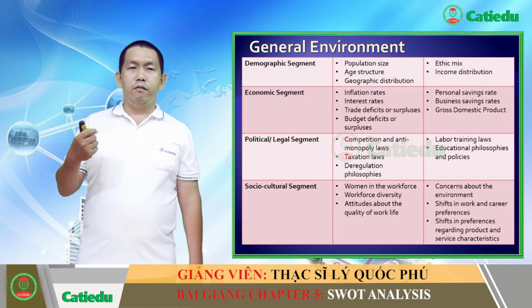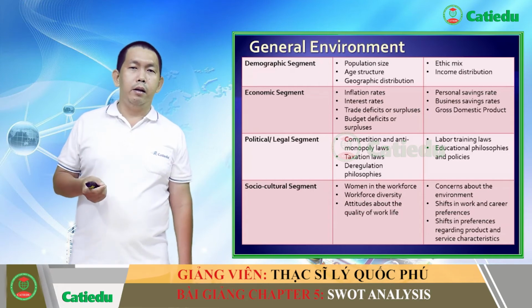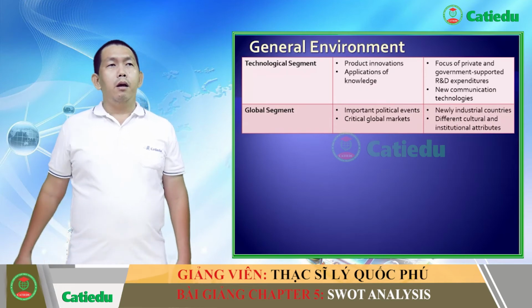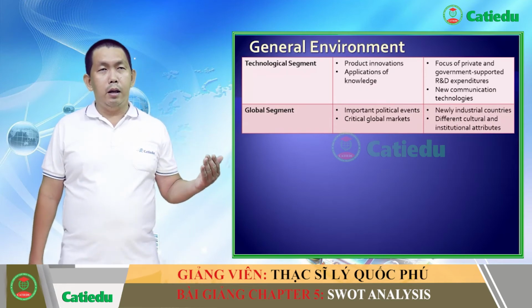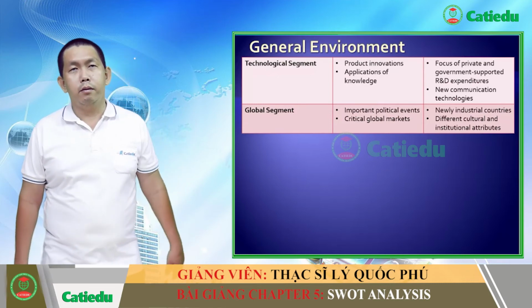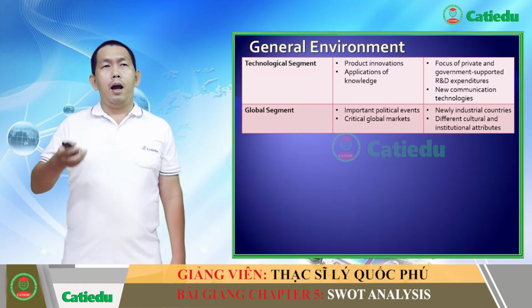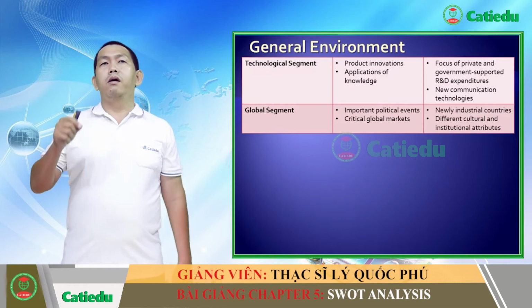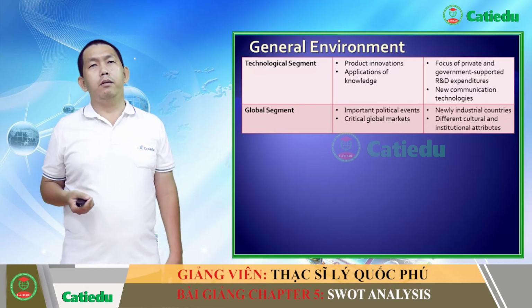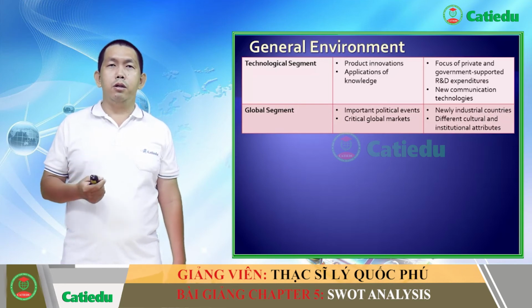There is concern about the environment, shifts in work and retirement patterns, and shifts in preferences regarding product and service characteristics. The general environment can also include the technological segments and global segments. Technological segments are product innovations and applications of knowledge, focus of private and government-supported research and development expenditures, and new communications technologies.